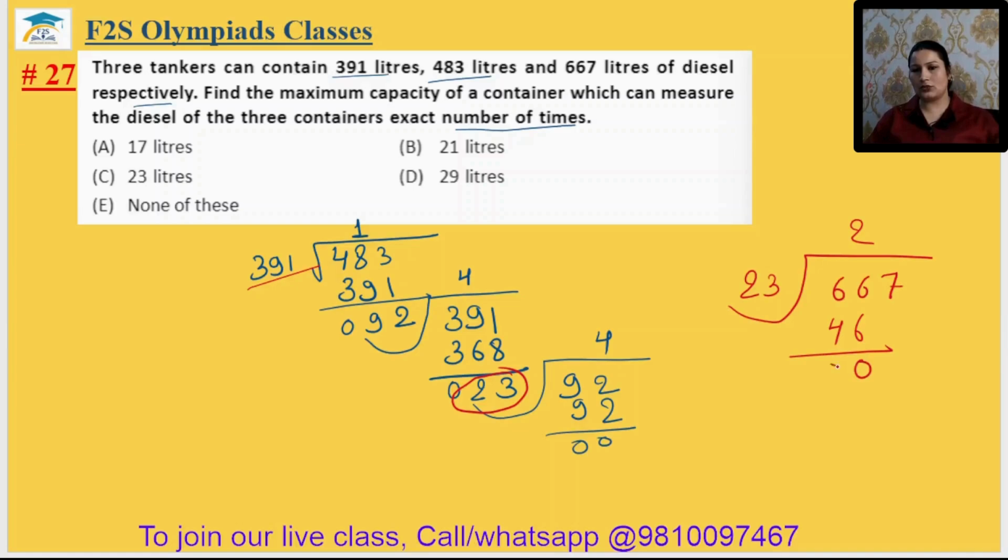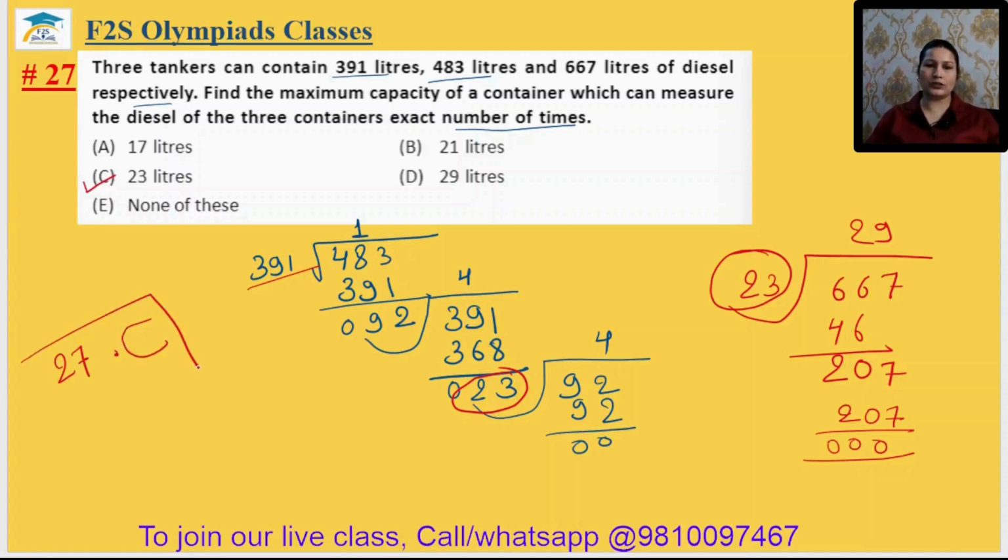Now 0, 7 will drop down. Now 9 3s are 27, carry 2, 20. Okay, 9s are 207, 0, 0. So 23 can divide this number also. So 23 should be the capacity of the container. So it can measure exactly. The 27th answer is option C.